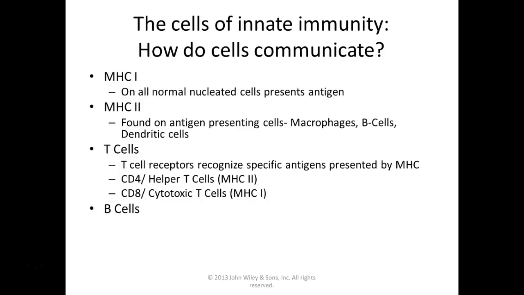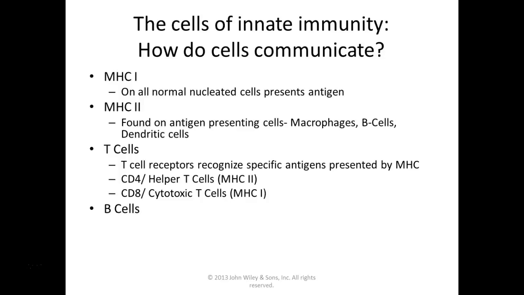Why do we call them cytotoxic? What are they going to do to that infected cell? They're going to kill it. They're going to release cytokines and cytotoxic substances similar to natural killer cells. But the difference here is that the T cell knows exactly what is infecting that cell, the specific pathogen.